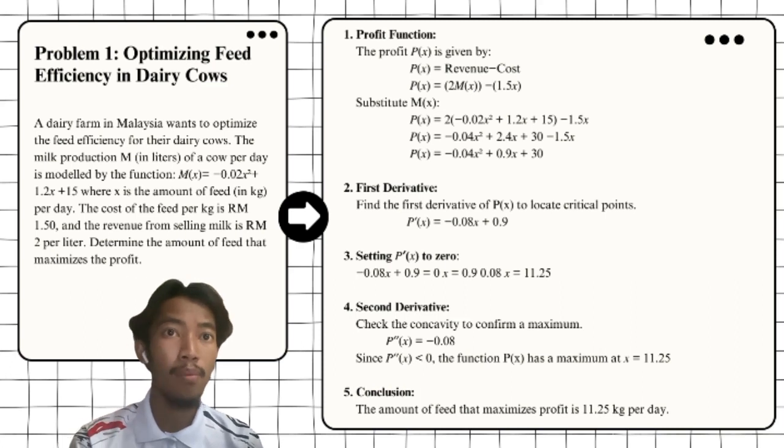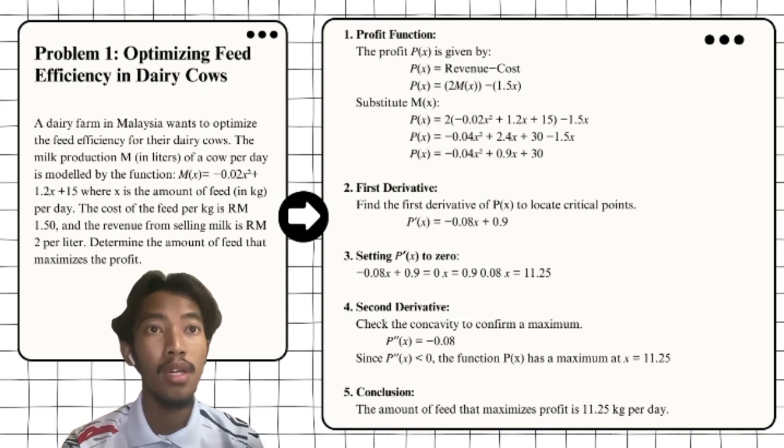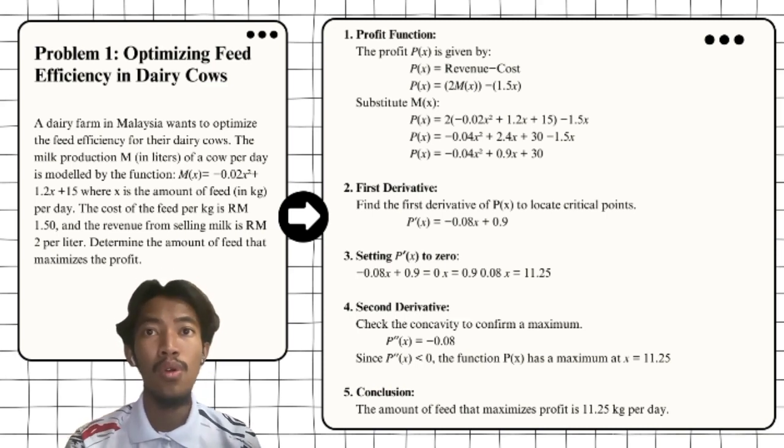The cost of the feed per kg is RM 1.5 and the revenue from selling milk is RM 2 per liter. Determine the amount of feed to maximize the profit.